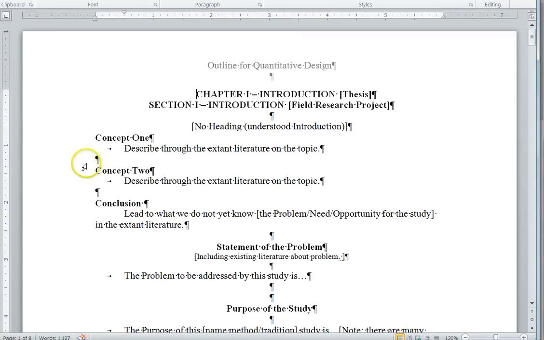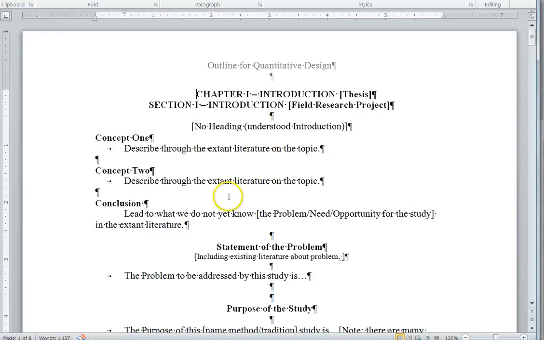A similarity we will find is that, just as we were looking at in our literature review, we have concept 1 or stream 1, concept 2 or stream 2, and we want to describe both, and there could easily be a stream 3 or 4 in the extant literature on the topic. Again, we want to use that V concept, general to specific, but we also want to point out what in the literature review is there and what's missing.